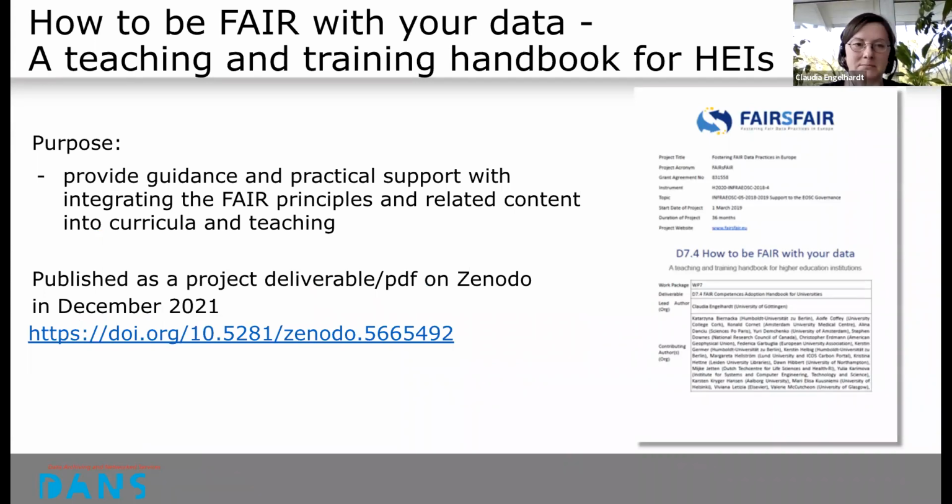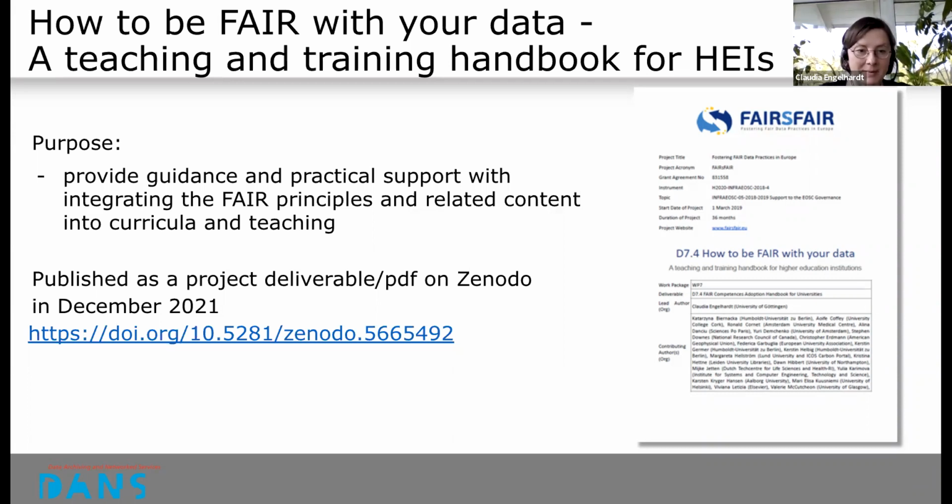Before I go into these parts, what's the main purpose of the handbook? The title, How to Be FAIR with Your Data, a teaching and training handbook for higher education institutions, already gives us a hint. It's targeted primarily at higher education institutions, and it provides guidance and practical support with integrating the FAIR principles, or content related to the FAIR principles, into curricula and teaching at universities and other higher education institutions.